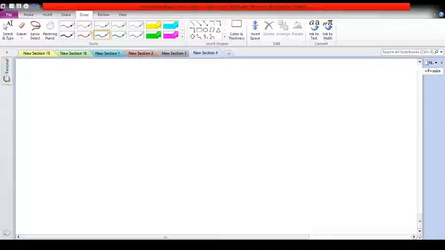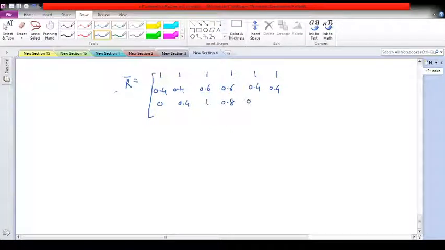So let me rewrite the relation matrix which has been obtained recently. r bar was 1 1 1 1 1 1, then the next row was 0.4 0.4 0.6 0.6 0.4 0.4, then the third row was 0 0.4 1 0.8 0.3 0, then the fourth row was all 0.8, 0.8, 0.8, 0.8, 0.8, and this is also 0.8.